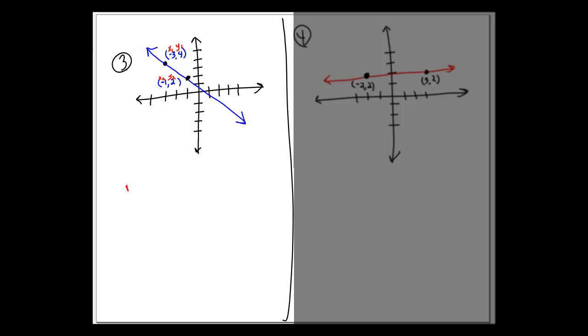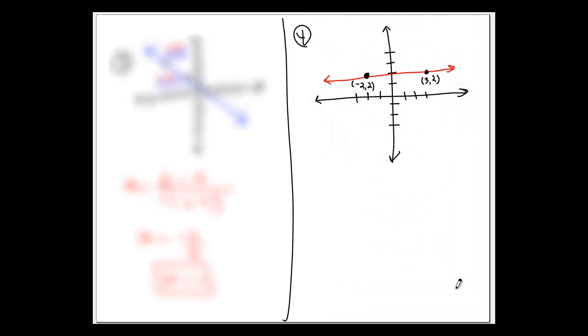Putting that into our formula for slope, y2 is 2 minus y1 is 4. x2 is negative 1 minus x1, which is negative 3. Again, minus the negative, go ahead and change that to plus. Doing the math, 2 minus 4 is negative 2. Negative 1 plus 3 is positive 2, which simplifies to be slope of negative 1.